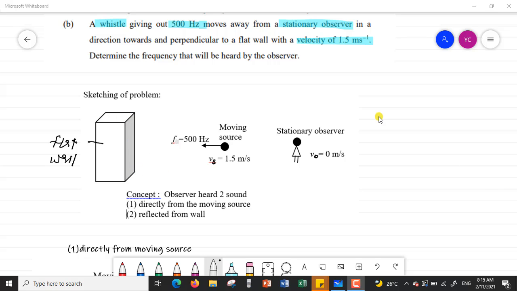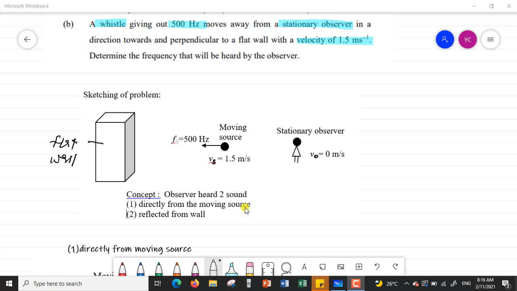Okay. So in order to solve this question, we have to understand actually what frequency will be heard by the observer. So actually the observer will hear two sounds, two frequencies. He will hear two frequencies for this stationary observer. So this stationary observer will hear two frequencies.